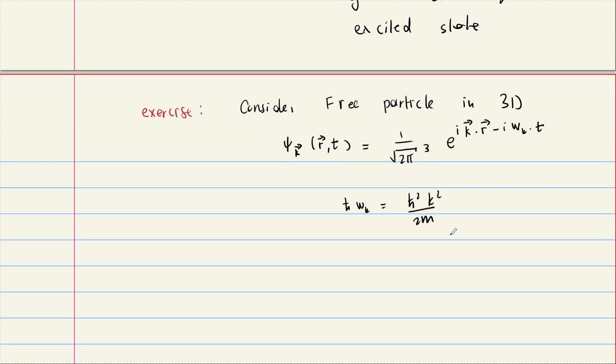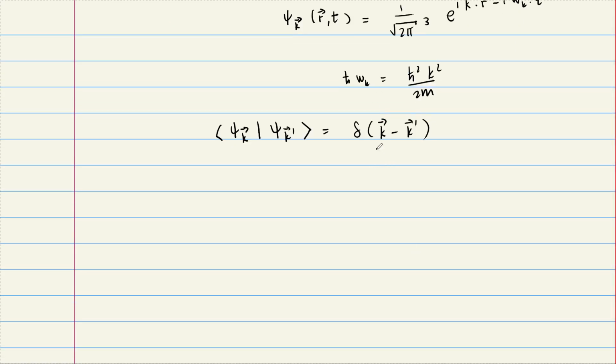This is also almost trivial, and also normalization is going to be the inner product of psi of k and psi of k prime is going to be delta of k minus k prime, and the vector delta means, let me write it in a more general case, delta of r minus r prime means delta x minus x prime, delta y minus y prime, and delta z minus z prime.